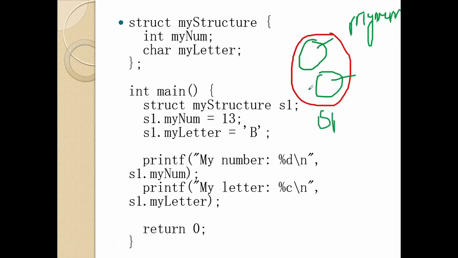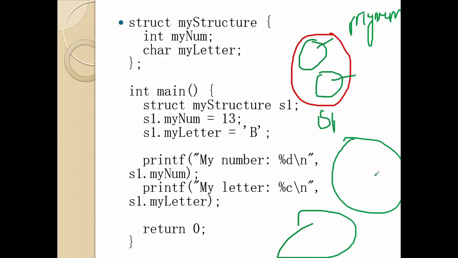So inside it only, it is basically a subset. mynum and my letter is a subset of s1. So we may create many structure variables, like we may create s2 also, s3 also, and for every s1, s2, s3 or different structure variables, we are going to have different values. Okay, whatever the user will give.